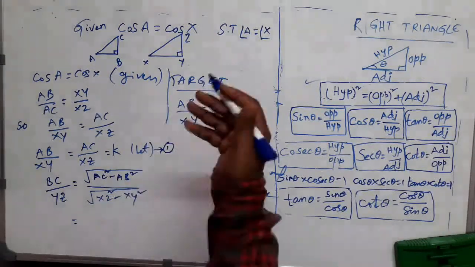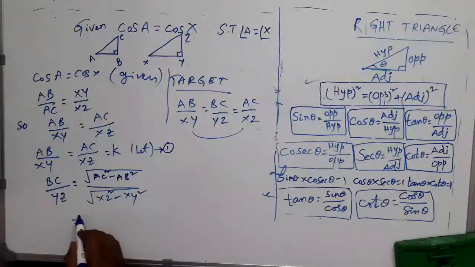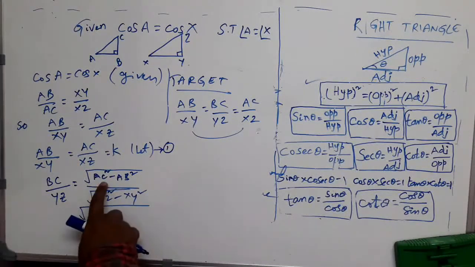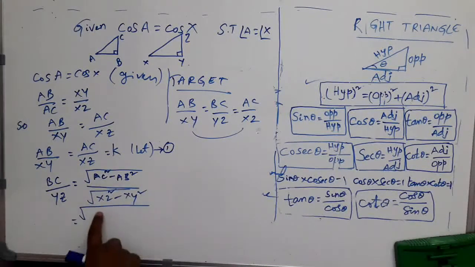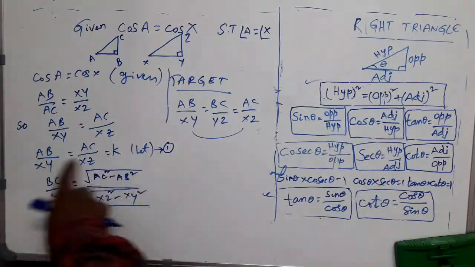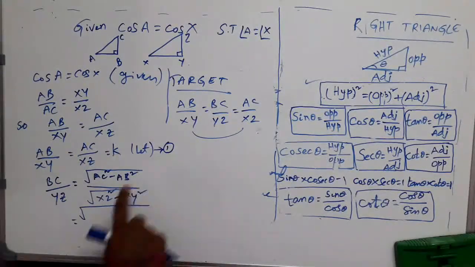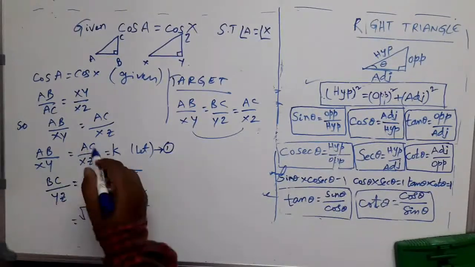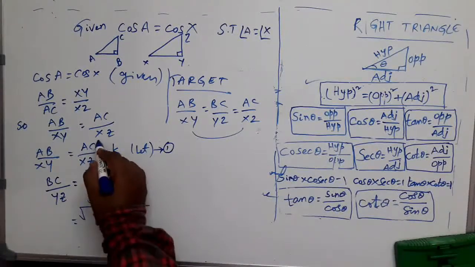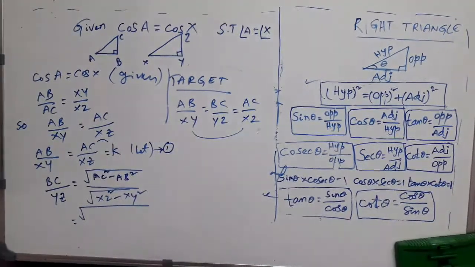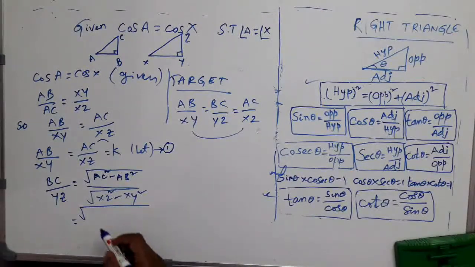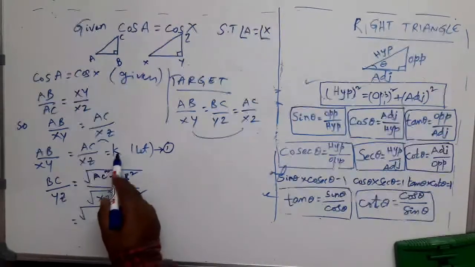Now I am simplifying further. See, root of AC square minus AB square, the numerator. See this relation 1. AC by XZ is K we are having, right? I am writing AC as K times XZ.